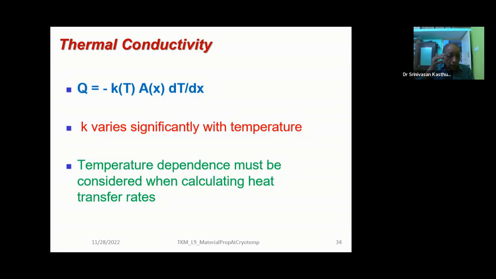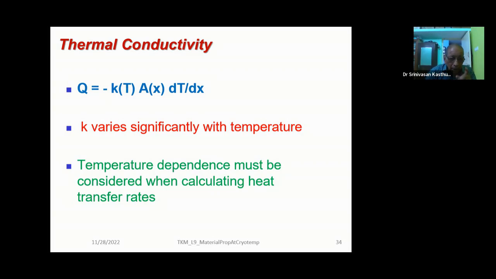If the thermal conductivity is small, then less heat transfer happens. So you can classify the material as good thermal conductors and poor thermal conductors. Good thermal conductors will make sure that the material will have uniform temperature throughout, whereas poor thermal conductors will make sure that one end can be very hot, whereas the other end can be nearly room temperature.